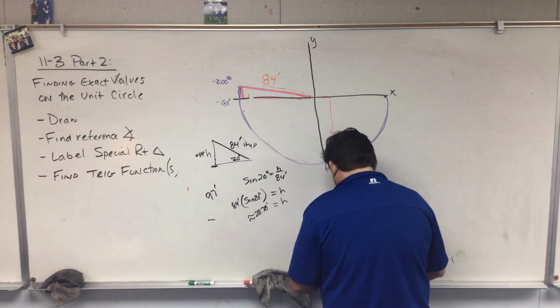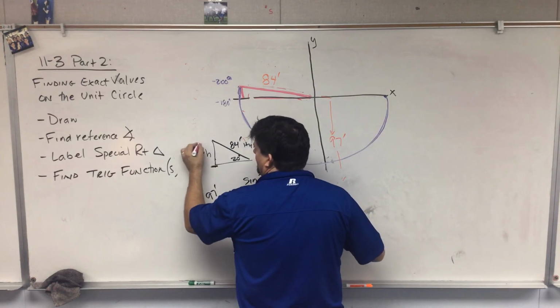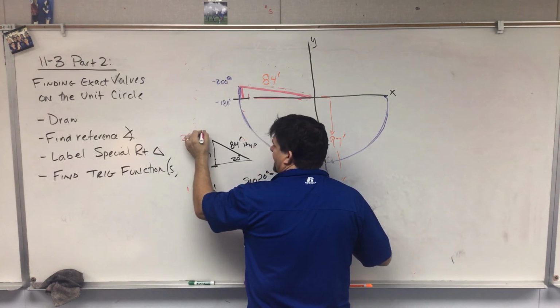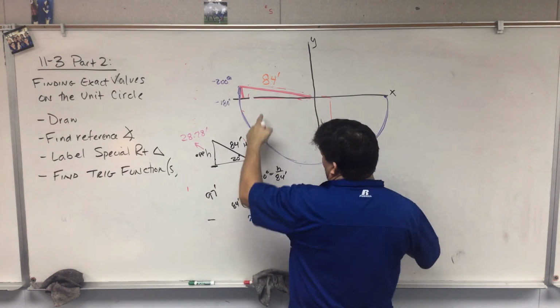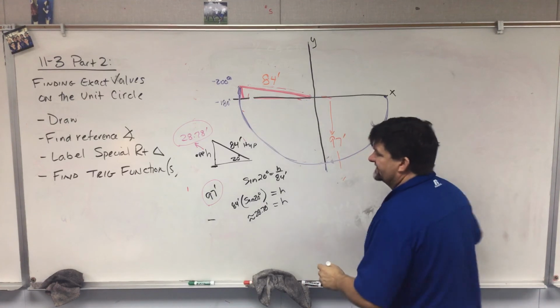So now I know that this height here is 28.78 feet. So how high is the total? 97 feet plus 28.78 feet.